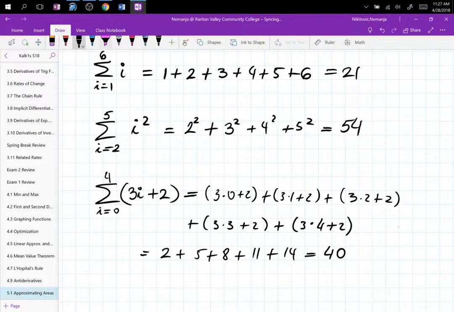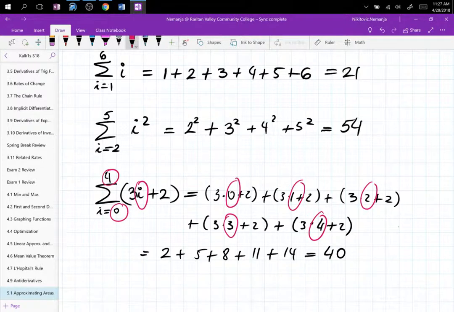So I hope that you see this location, which used to be i in the formula, go from 0 to 4, and the shape of the entire function, like 3x plus 2 is 3i plus 2, the shape stays the same parenthesis to parenthesis.